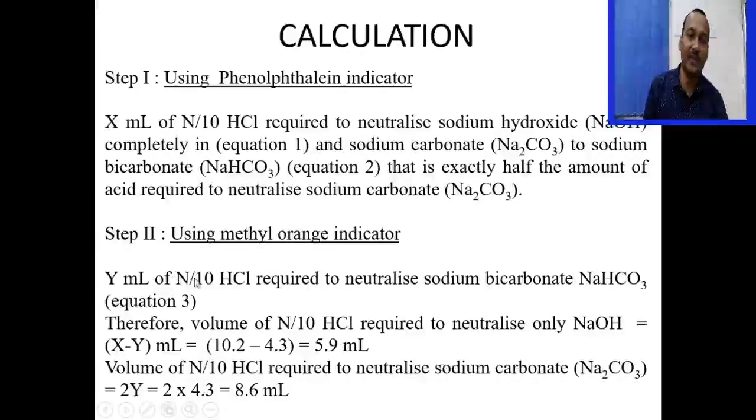Let's say y ml of N/10 HCl is required to neutralize sodium bicarbonate in equation number 3 that we already discussed. Therefore the volume of N/10 HCl required to neutralize only NaOH will be x minus y, so that will be 5.9 ml, and the volume of N/10 HCl required to neutralize sodium carbonate will be 2 times y, so that will be 8.6 ml.